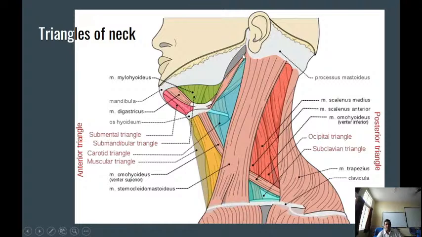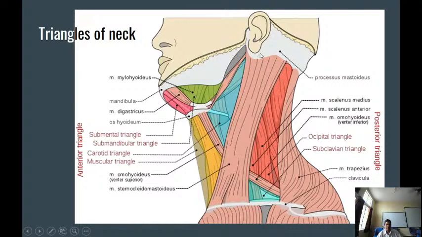So there are certain boundaries of the anterior triangle, and the anterior triangle is further divided into a submental region, a submandibular region, and a carotid region, carotid triangle, then a muscular triangle.